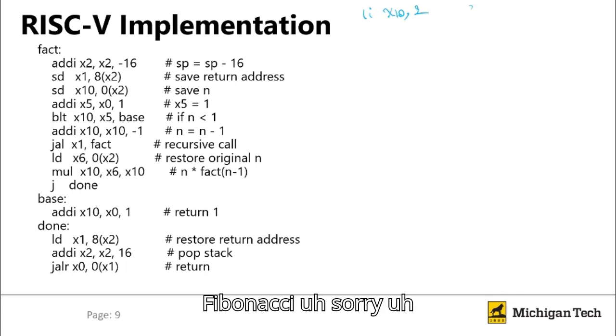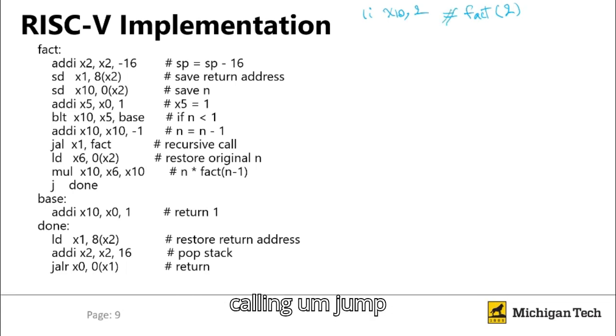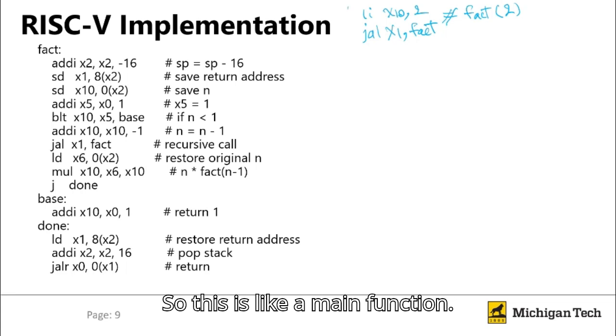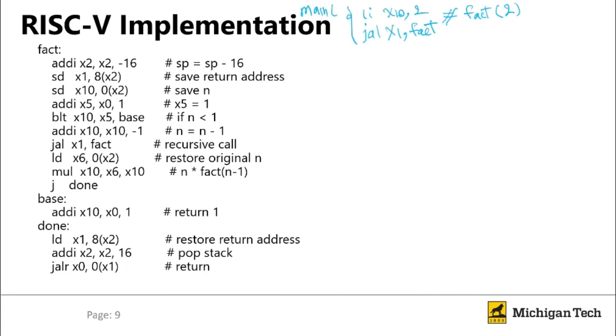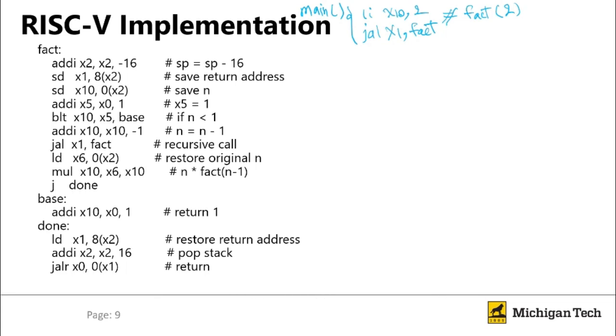So we want to find the factorial of 2, for example. We want to compute this, and then we are calling jump and link x1 factorial. So this is like a main function, like a main function in C. So imagine we have something like that.